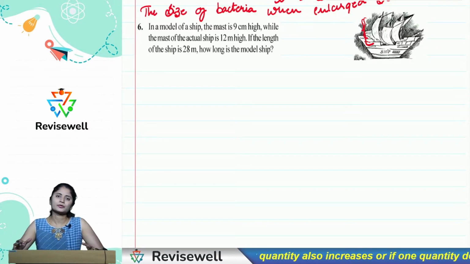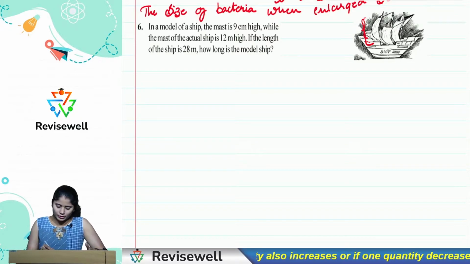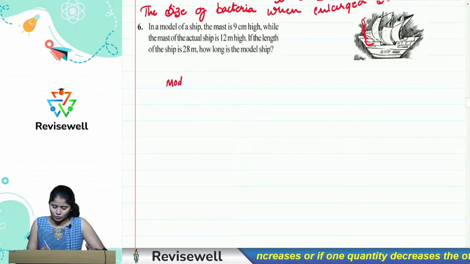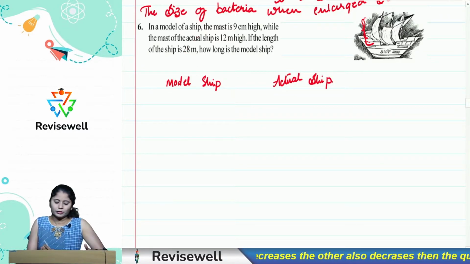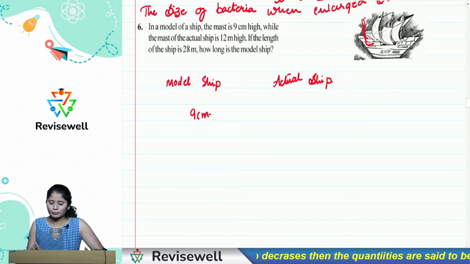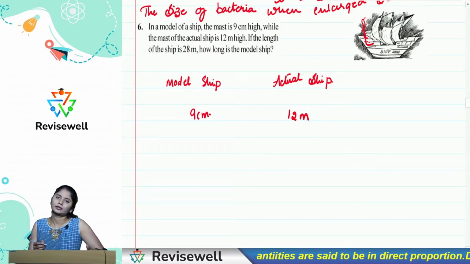So here we are speaking about the model ship, and the other one is the actual ship. In the model ship, the mast is 9 centimeter. Suppose this is 9 centimeter, the mast of the actual ship will be 12 meters. So if the length of the ship is 28 meters, how long is the length of the model ship?